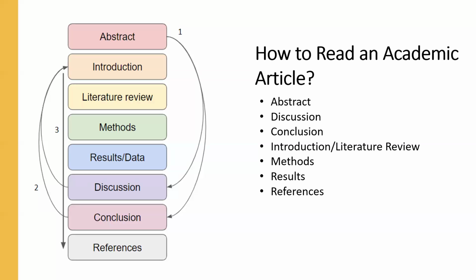So now that you've filtered out some articles by checking the abstracts, the next thing you want to do is jump to the discussion and the conclusion. The conclusion is going to summarize what we've gone through so far, and the discussion is going to talk about their findings and the implications that the results have on bigger topics, bigger social issues.